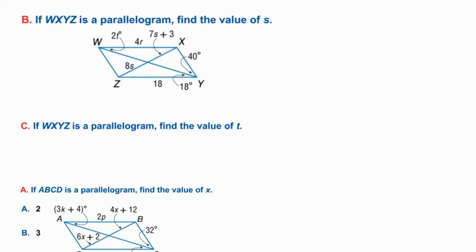In the next problem, we want to find the value of S. S is included in this diagonal here. We know that the diagonals bisect each other, so we know that 8S would equal 7S plus 3. So S would equal 3.